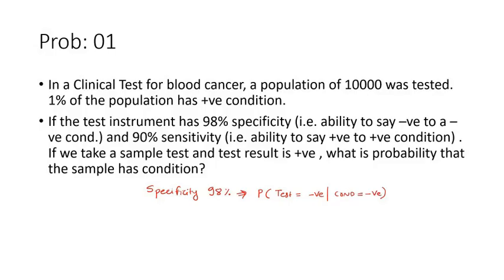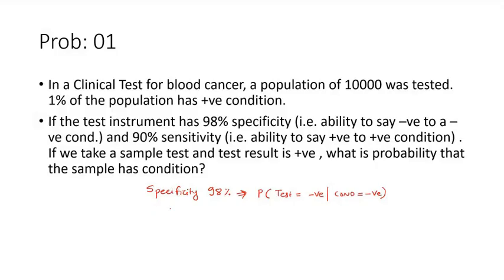So what does specificity mean? The test instrument is telling you there is no, say, cancer, or in today's scenario you can even take the case of corona. So the test is negative, as given by the instrument, and the true condition is also negative. That is called the specificity of the instrument.